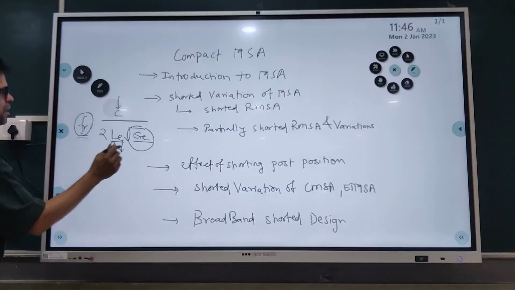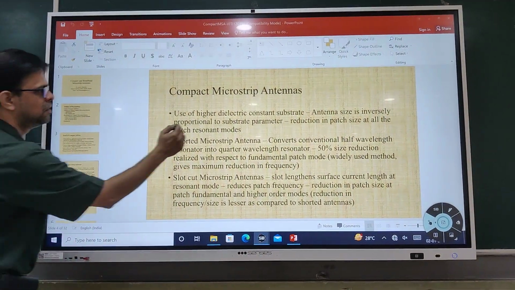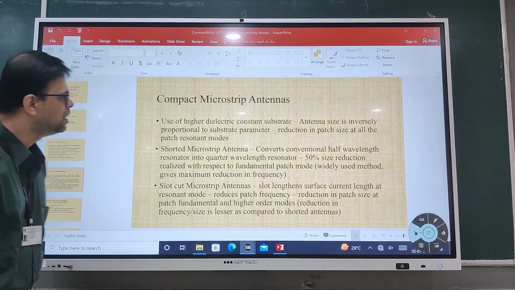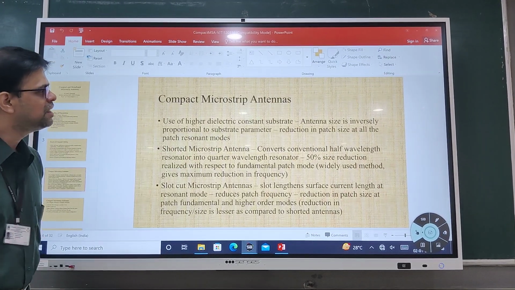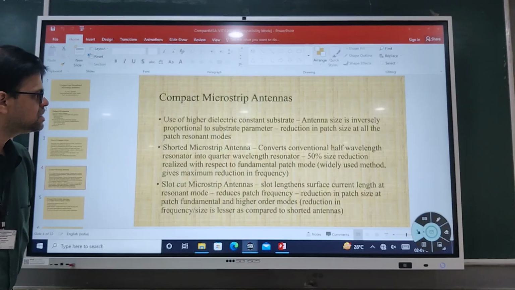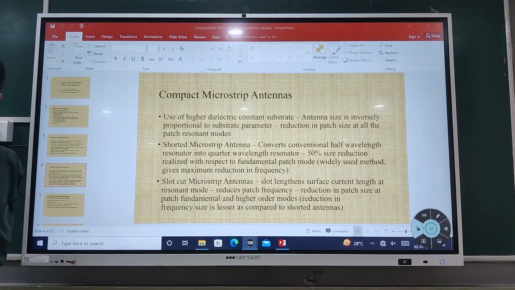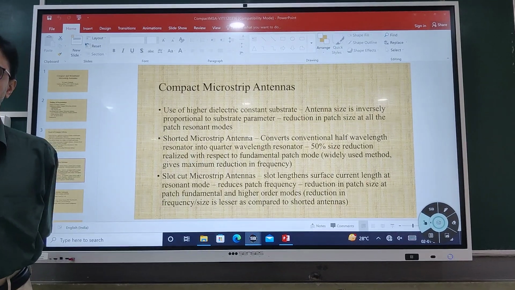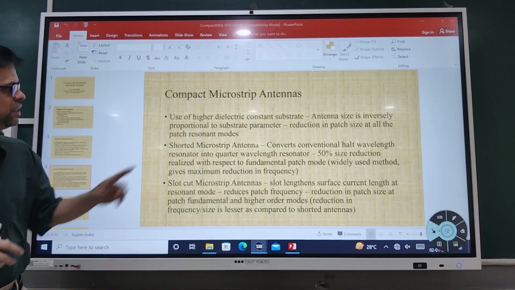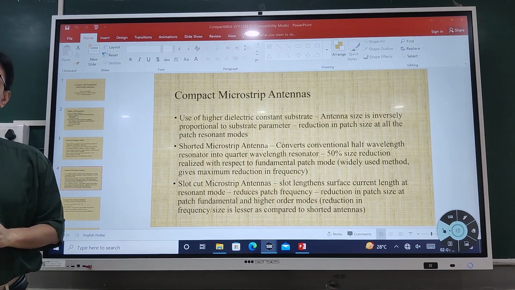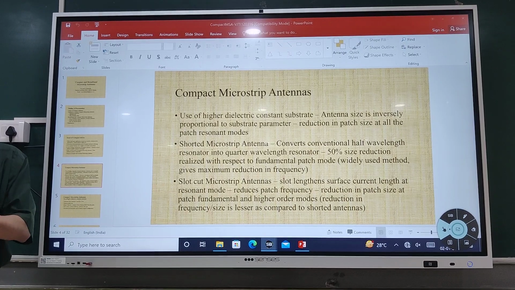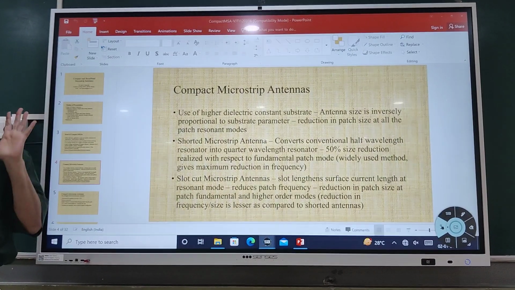So that's why the first method to realize a compact microstrip antenna is the use of a higher dielectric constant substrate. As I mentioned, antenna size is inversely proportional to the substrate parameter, basically the dielectric constant. If I increase the dielectric constant of the substrate, I will definitely reduce the size.